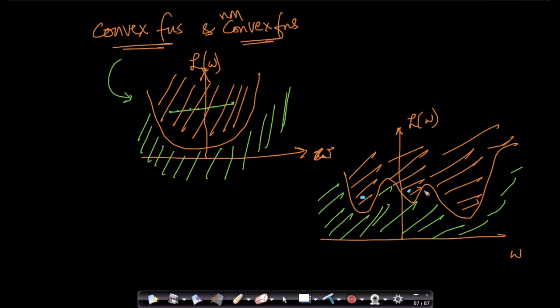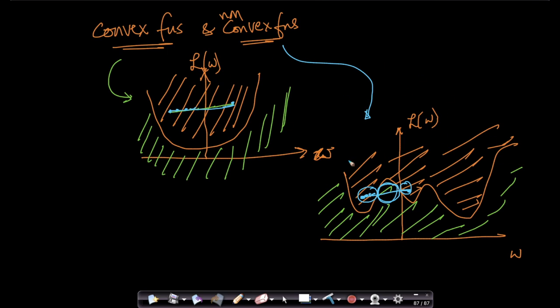But when I draw the shortest line connecting both of them, some points on this line lie in the orange region, but some points lie in the green region. On the other hand, for the earlier function, every point on this line lies in the orange region. So this is called a convex function and this is called a non-convex function.